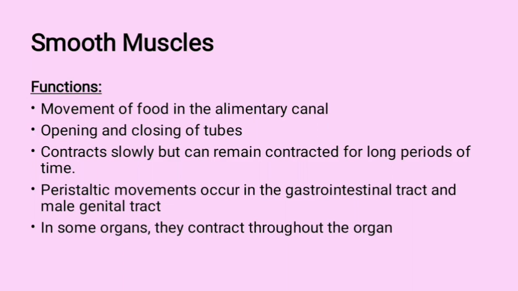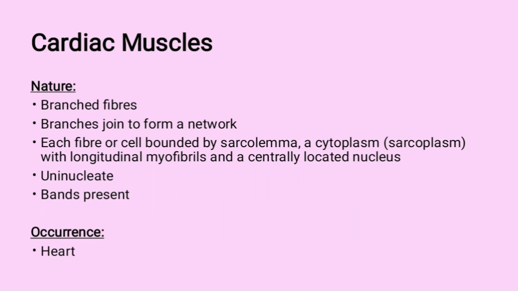Peristaltic movements are the rhythmic progressive waves of muscular contraction and relaxation. Such wave-like peristaltic movements occur in the gastrointestinal tract and male genital tract. In some organs, smooth muscles contract throughout the organ to produce extrusive movements, as in the urinary bladder, the gallbladder and the uterus.